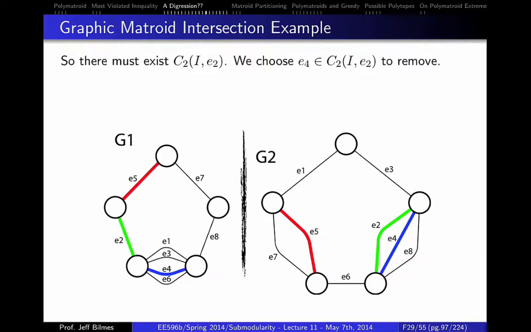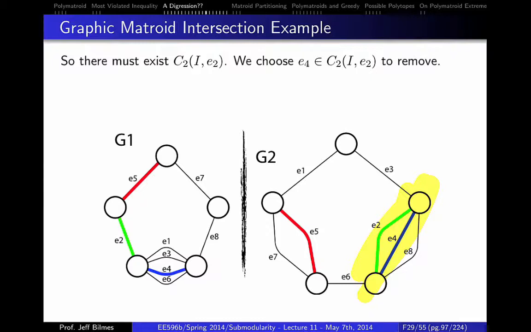So we know that there must exist some unique circuit in Matroid 2 which was created. In fact, there it is. It's the green and blue circuit on the right. Here's the fundamental circuit in Matroid 2 that was created. And it turns out that the fundamental circuit is a subset of the independent set plus the new edge.